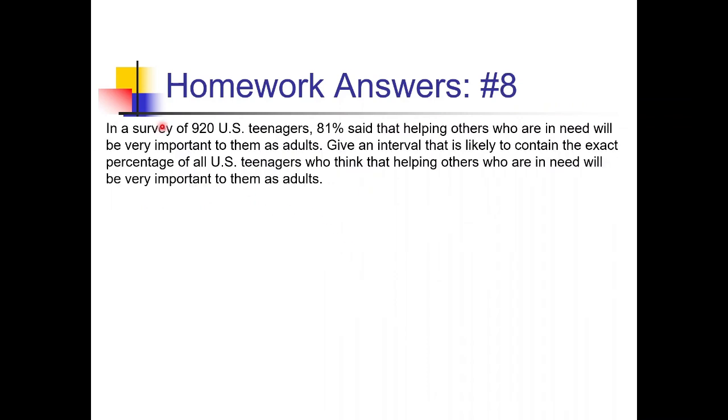For this problem, in a survey of 920 U.S. teens, 81% said that helping others who are in need will be very important to them as adults. They want us to give an interval that is likely to contain the exact percentage of all U.S. teens who believe this. So we first want to find the margin of error here based on the sample size. So our formula for that again is plus or minus 1 over the square root of n, where n is the sample size.